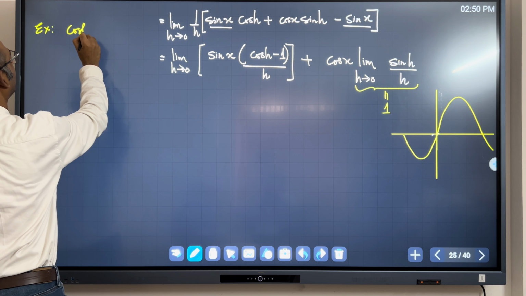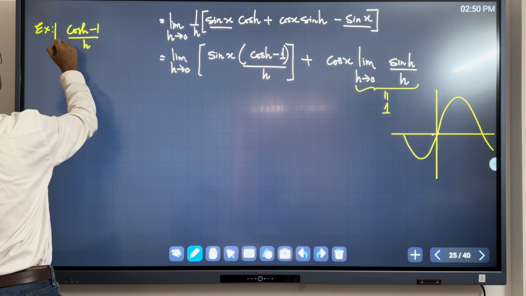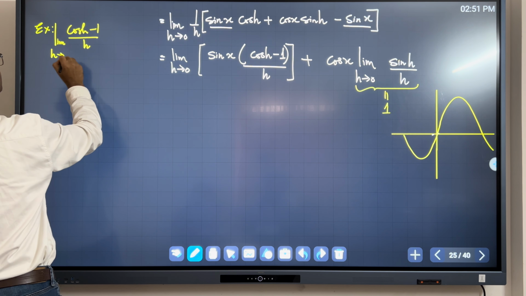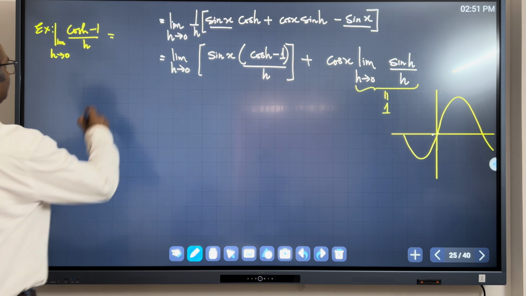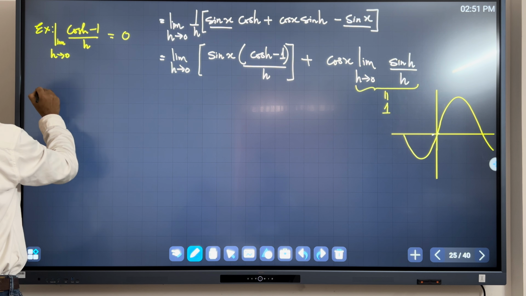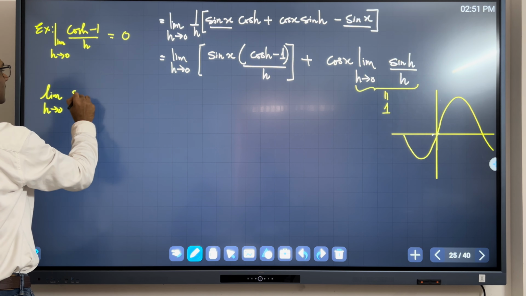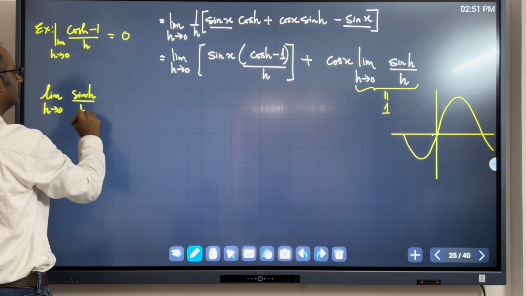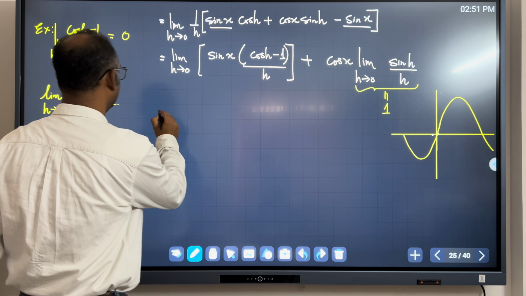Cos of h minus 1 over h as h goes to 0 is equal to 0. And the second exercise: the limit as h goes to 0 of sine of h over h is equal to 1. Do both of these, and that is what we use here.